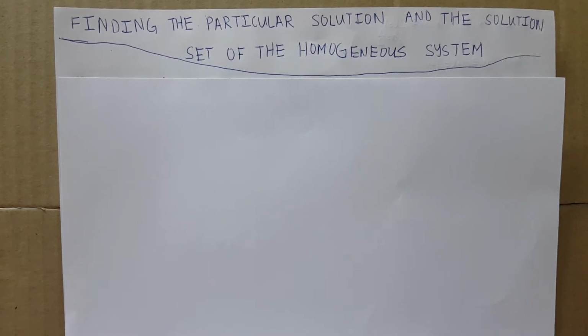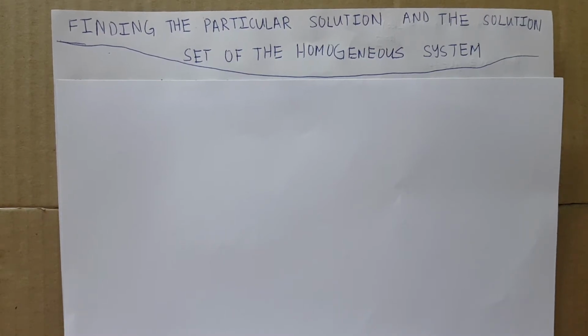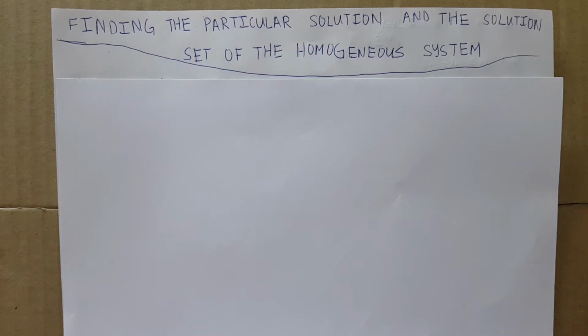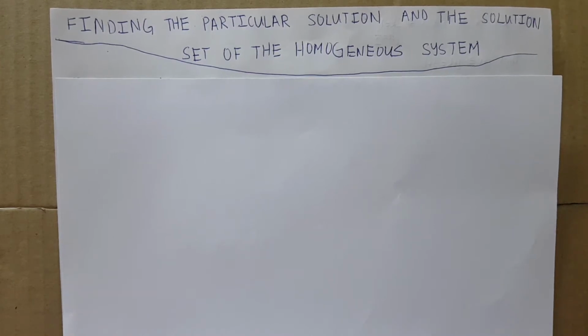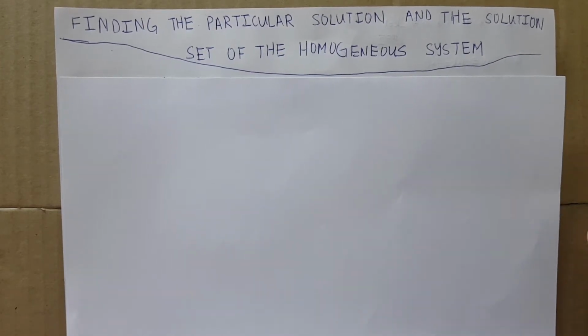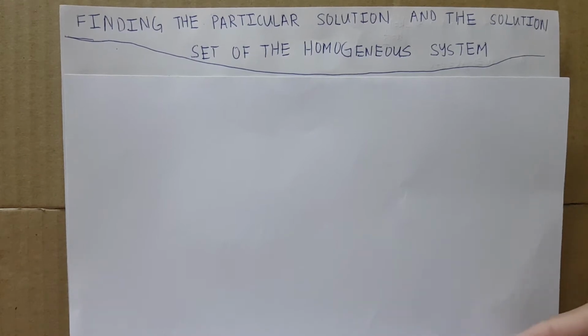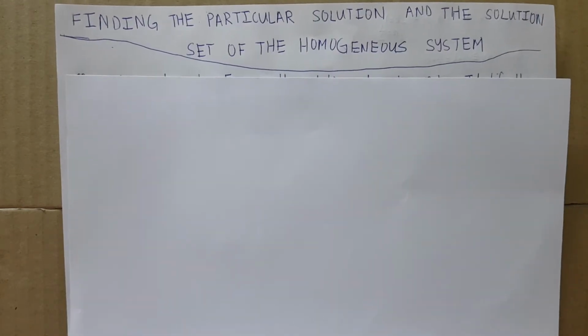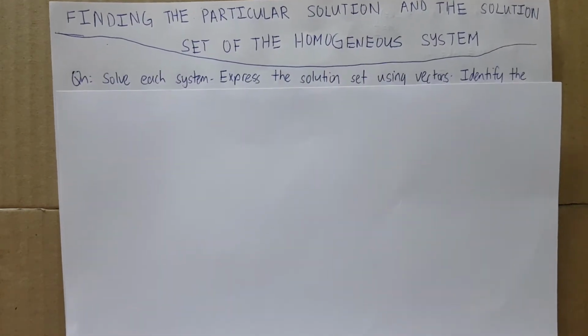In this tutorial, we'll be learning how to find the particular solution and also the solution set of the homogeneous system. So we will go through a few examples to take a look. What do you mean by this?